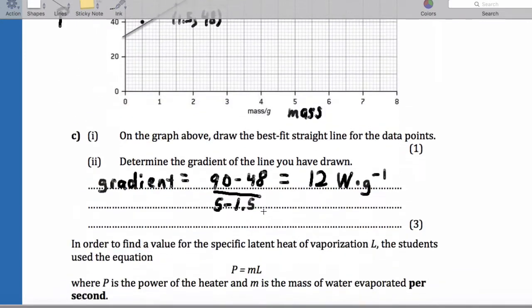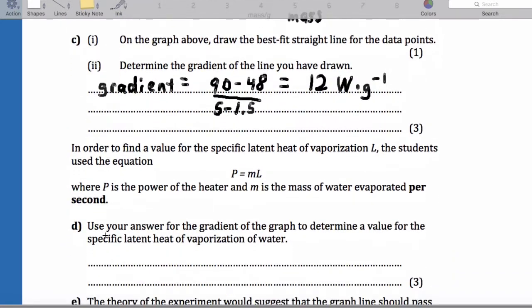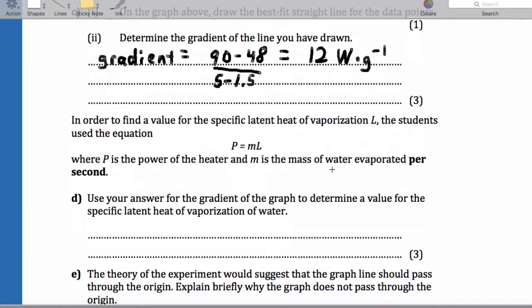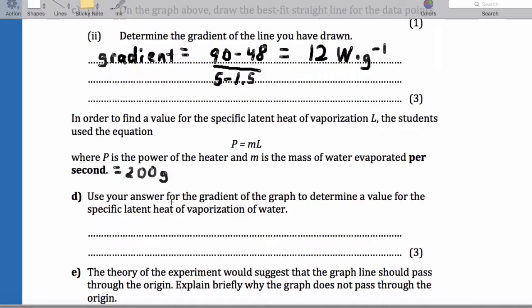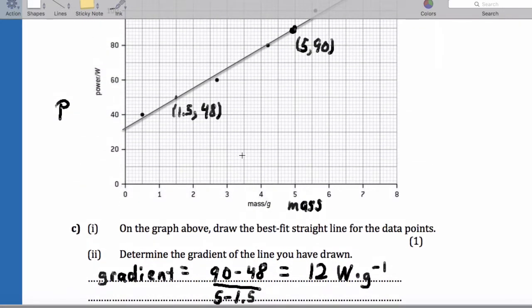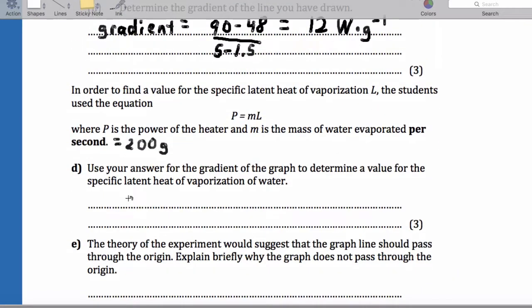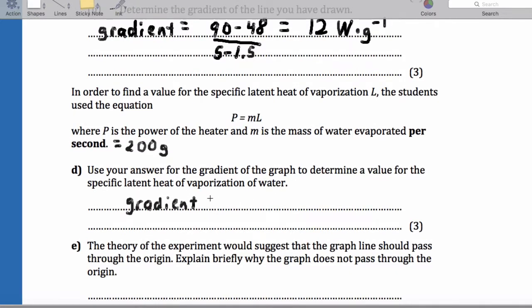First, this is power, this is mass, and what we know is that the mass of water evaporated per second is 200 grams. So the gradient is not our latent heat of vaporization.